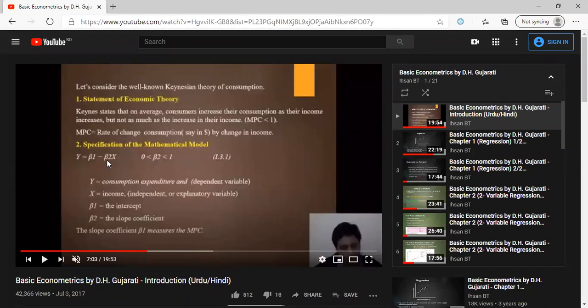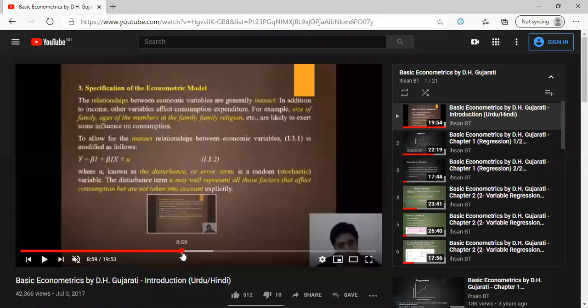Yes, Professor. So drawing a straight line means knowing the intercept and slope. If you know them, you just draw the line and then you can exactly tell: if you give an X value, you can give a Y value. First, this thing has to be clear.